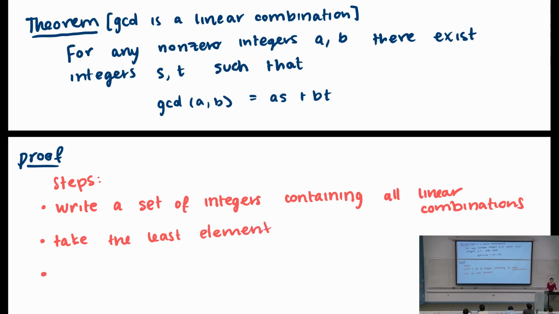And then we'll prove that this least element is in fact the GCD of these two numbers.